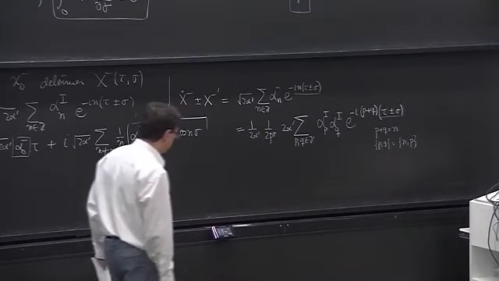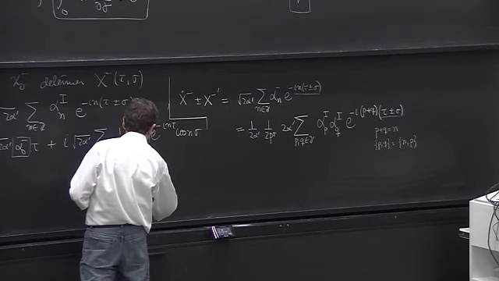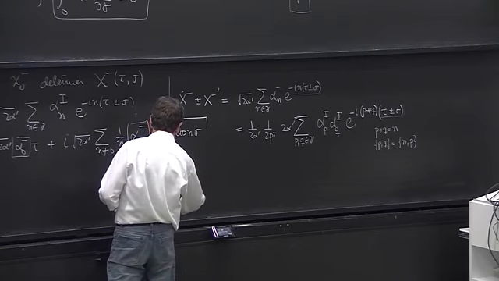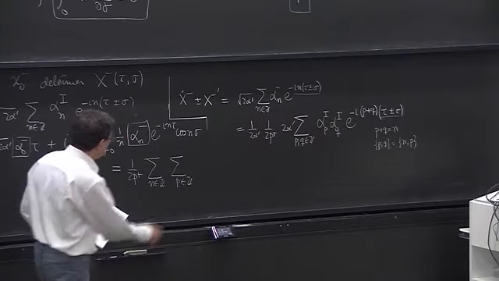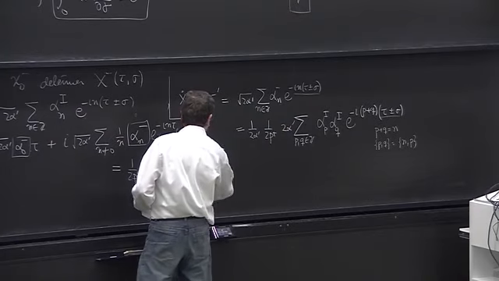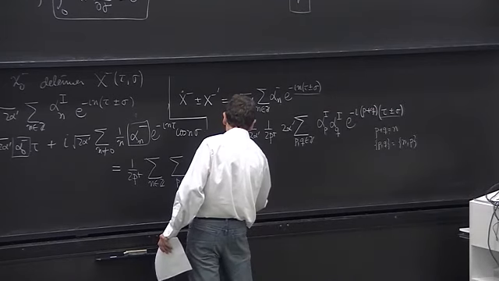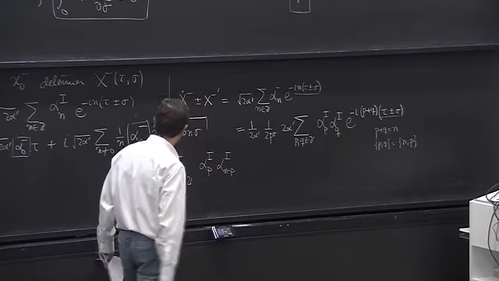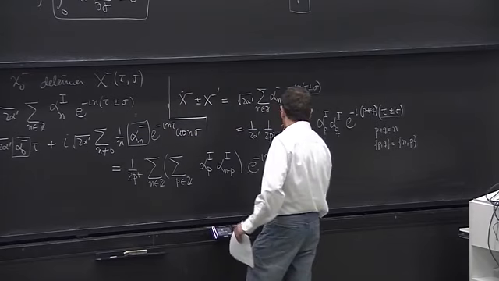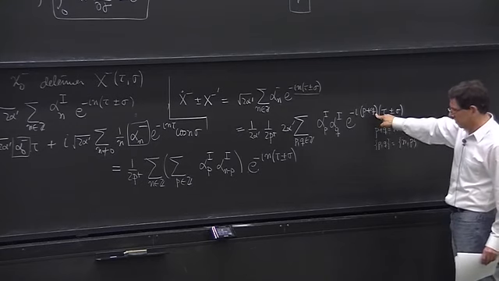So change the labels of the sum. So you will have the sum over all n, and then the sum over all p belonging to Z. And what do we have? Alpha p. Q now must be put n minus p. Alpha n minus p i. And then I have e to the minus i n tau plus minus sigma, because this was called n on purpose.